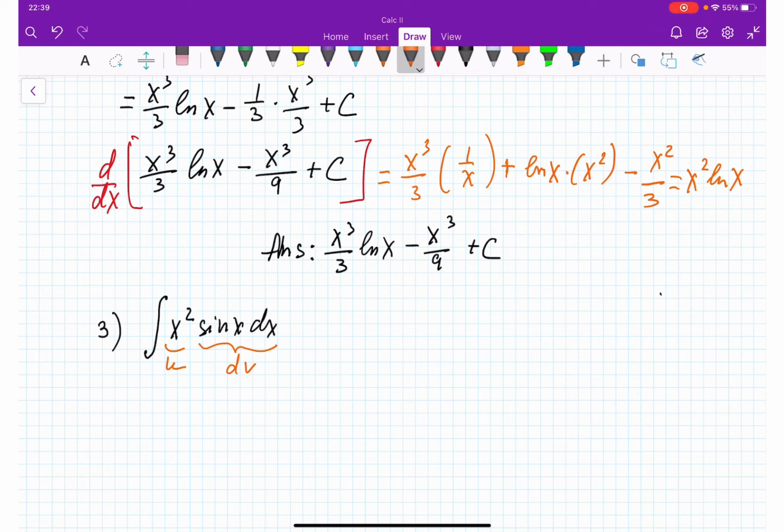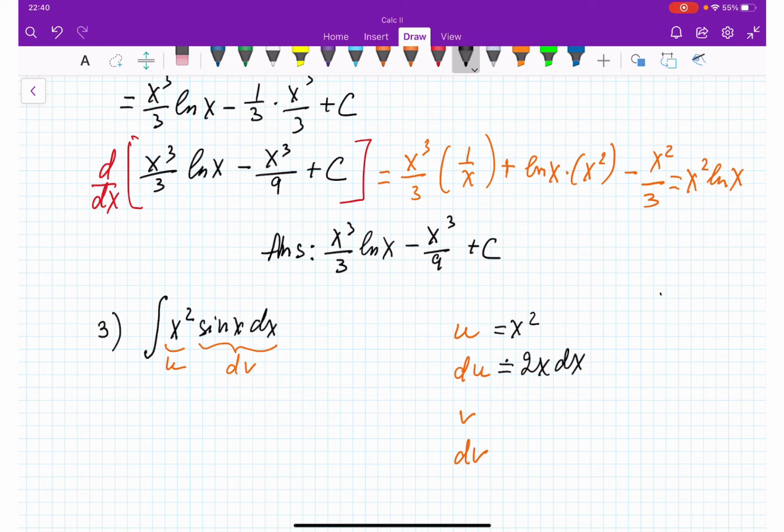Okay, let's do it. u, du, v, dv. So u is equal x squared. So du is going to be obviously 2x dx.